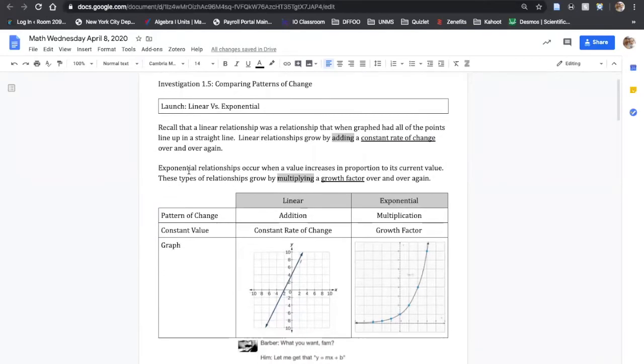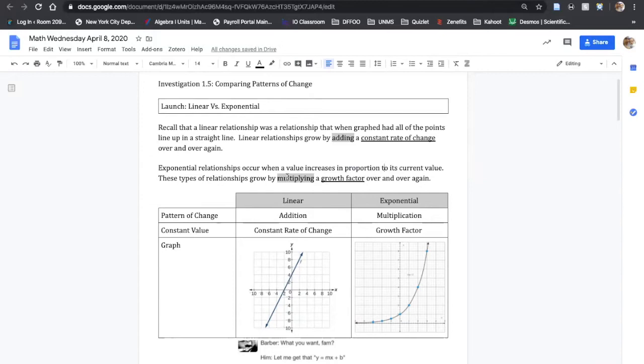Now, exponential relationships are different, but they're actually a little similar in the same way, right? Technically, an exponential relationship occurs when you have a value that's increasing in proportion to its current value, okay? So basically that just means that exponential relationships grow through multiplication, right? The example we saw with the pennies on the chessboard, the example where you're cutting up slips of paper, remember we said that it kept doubling over and over again.